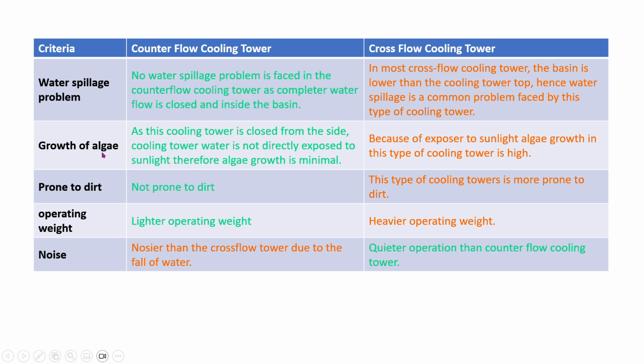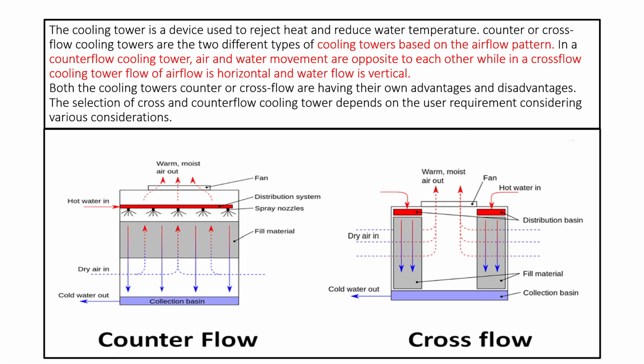And then growth of algae. Here, as the water does not come in contact with the atmosphere or sunlight, algae formation is not possible, because water is flowing inside the tubes, inside the pipes. So no water comes in contact with the air. But here you see the basins are at the top, so water comes in direct contact with the air, and sunlight comes directly in contact with the basin.